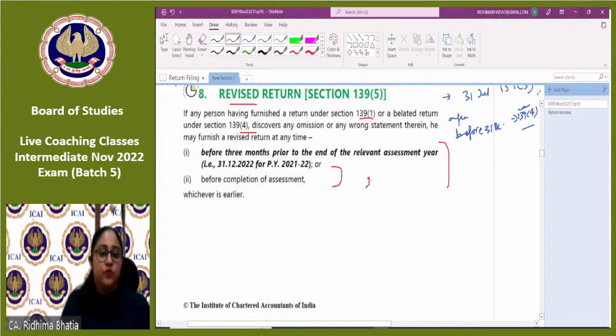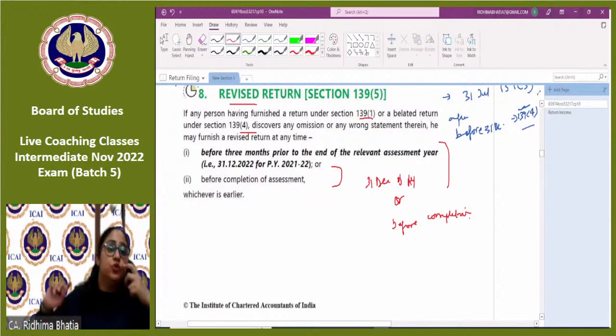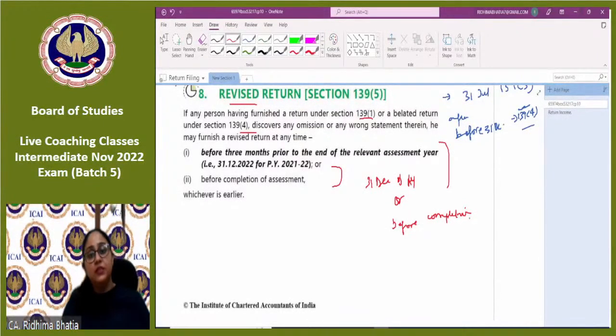That means before 31st December of the assessment year or before completion of assessment, I can revise it n number of times. So what would be your last revised return? That would be your final return for the income tax authorities. ठीक है, you cannot say कि मैंने तो पहले सही किया था, अभी गलत कर दिया तो पहले वाले को सही मानो. If you want that, you have to revise it again to bring it back to the first version. Okay, so whatever is the latest revised return would be the final return.